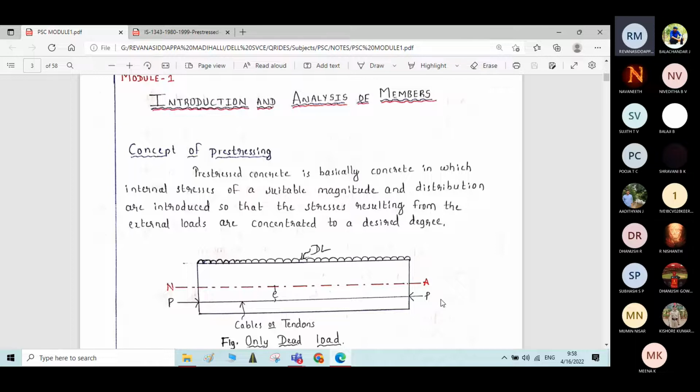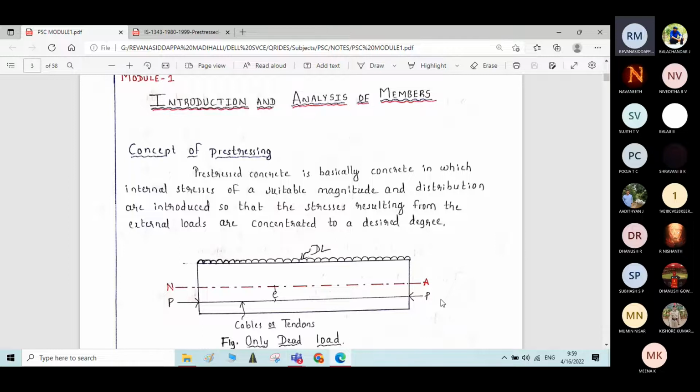Not only the bridges, even railway sleepers are prestressed concrete elements only. And nowadays this prestressing technique is used in construction of buildings also.